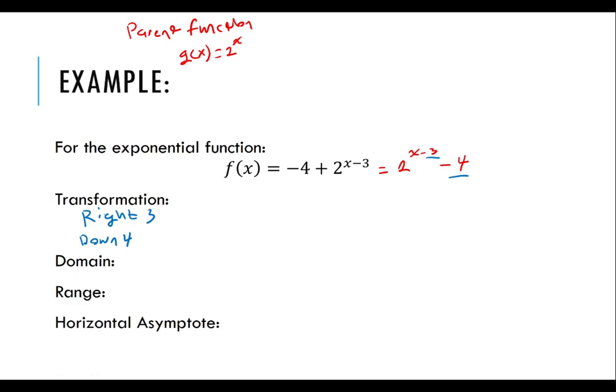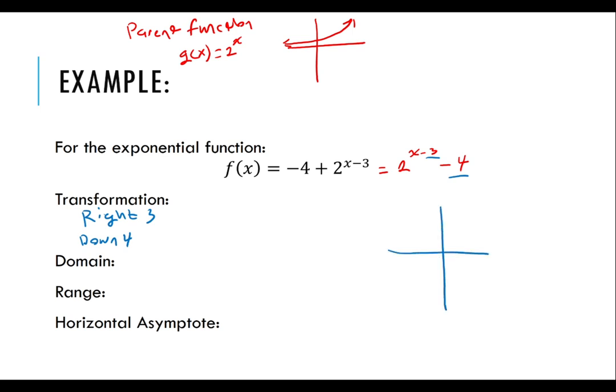And so let's remind ourselves, what does 2 to the x look like? Well, 2 to the x looks like this. More or less, that's what the function looks like if we put it on an xy coordinate plane. Well then, if I want to know what 2 to the x minus 3 minus 4 looks like, this is a function where we move right 3 and down 4.